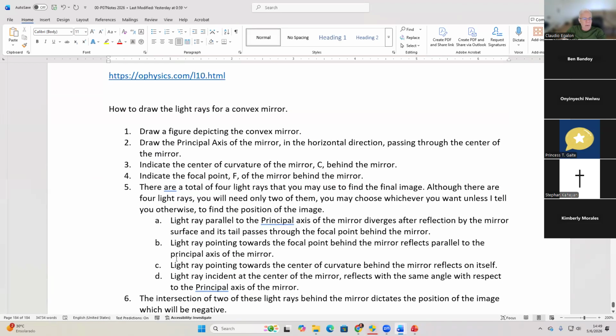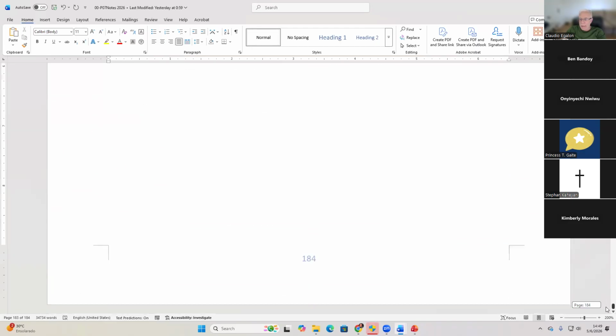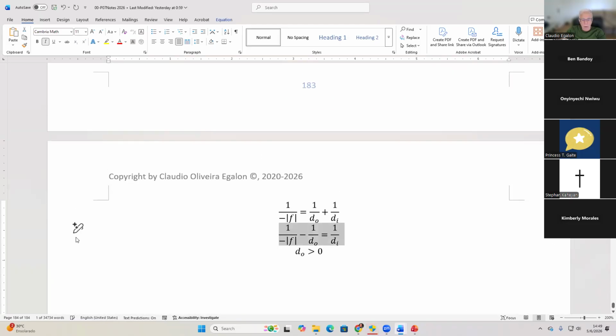And what does this equation state? This equation states that di will be negative always. Di for the convex mirror will always be negative.